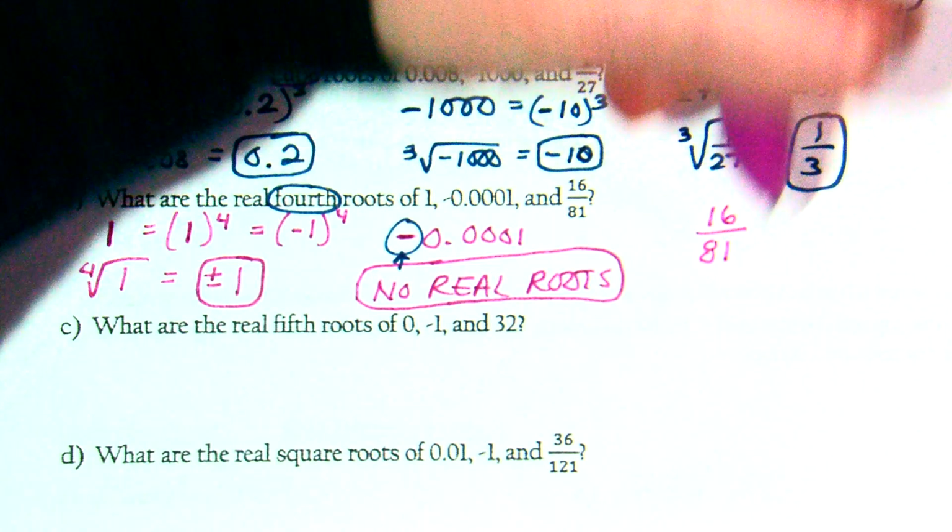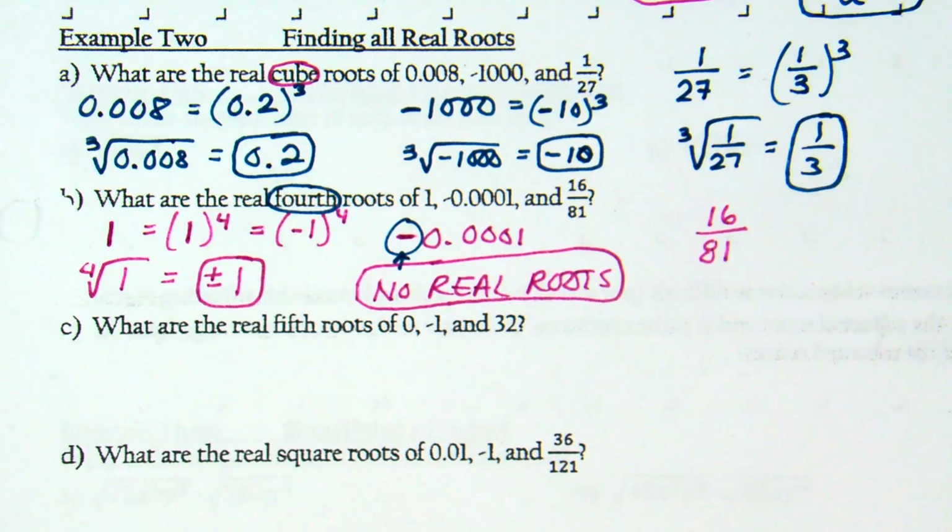Okay, guys. The 4th roots of 16 over 81. Now, like the last fraction I gave, what did I suggest? Think numerator, think denominator. Can you come up with the 4th root of 16?